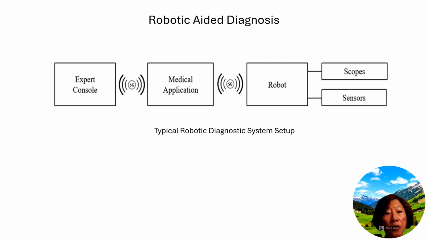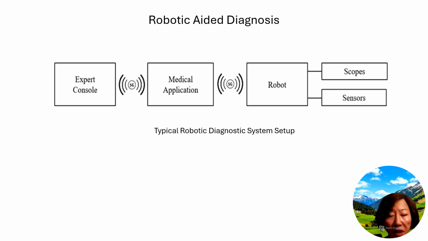In a typical telediagnosis setup, specialists and patients are separated by considerable distances, typically dozens of kilometers, and exchange data via communication services provided by PLMNs, which is short for Public Land Mobile Networks.